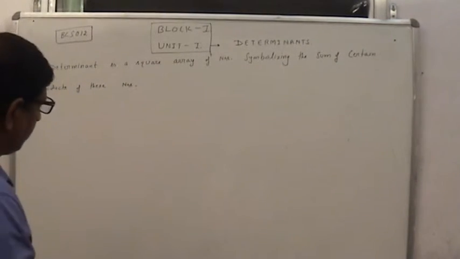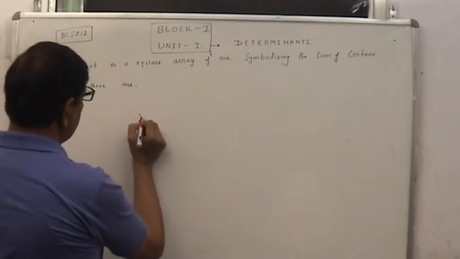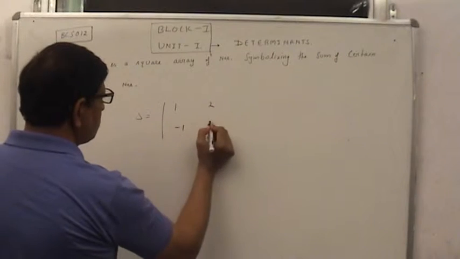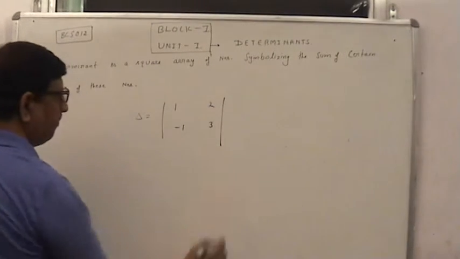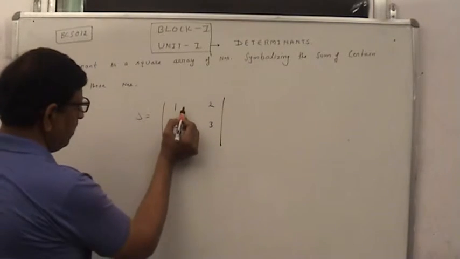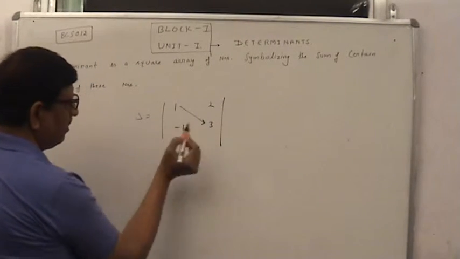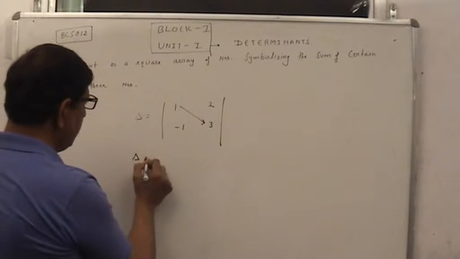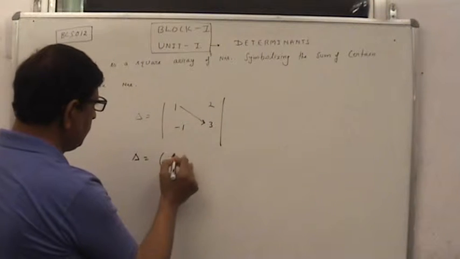Let us take an example. Delta is equal to 1, 2, minus 1 and 3. It is a very simple process. Multiply this element by this: delta is equal to 1 into 3.